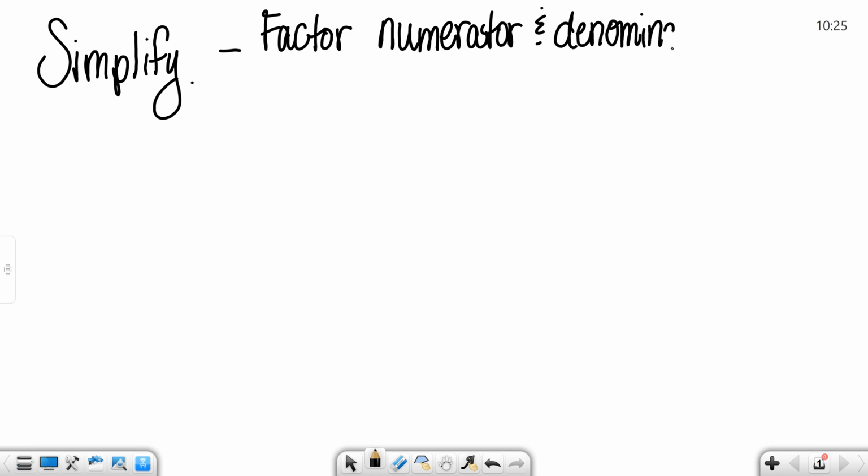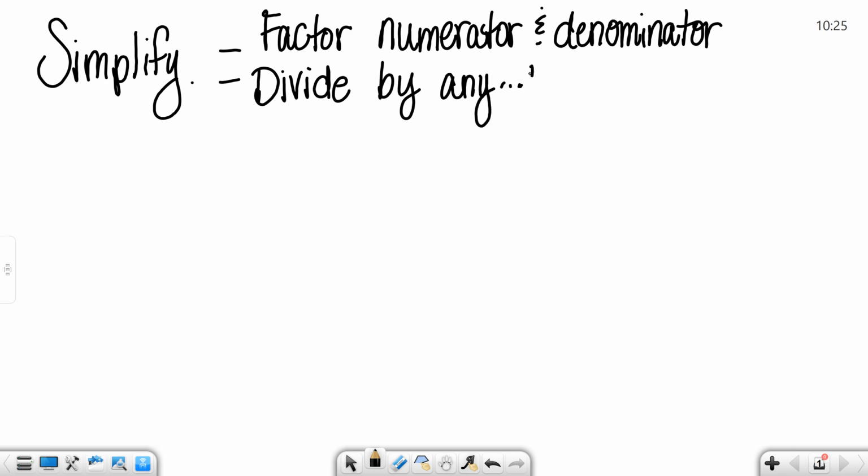Okay, that's where we'll start. And then the next thing we'll do is we will divide by any common factors, which is why we factor in the first place, because then we'll divide out any of them that they have in common.